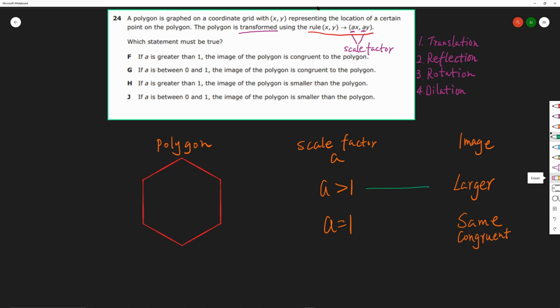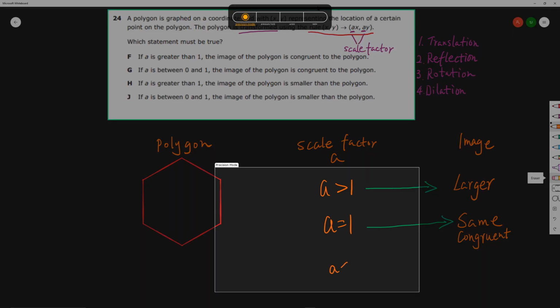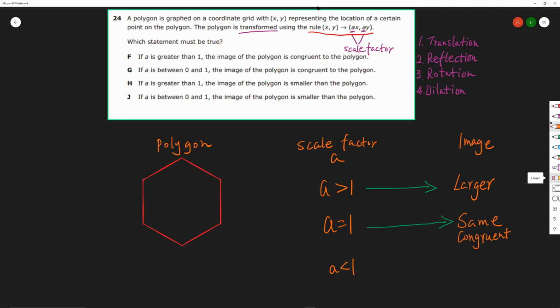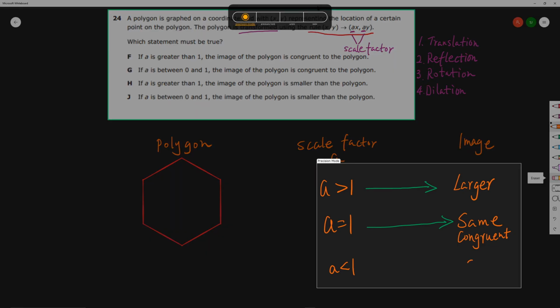So if a is larger than 1, the image will be larger. If a is equal to 1, the image will be the same as the original polygon.